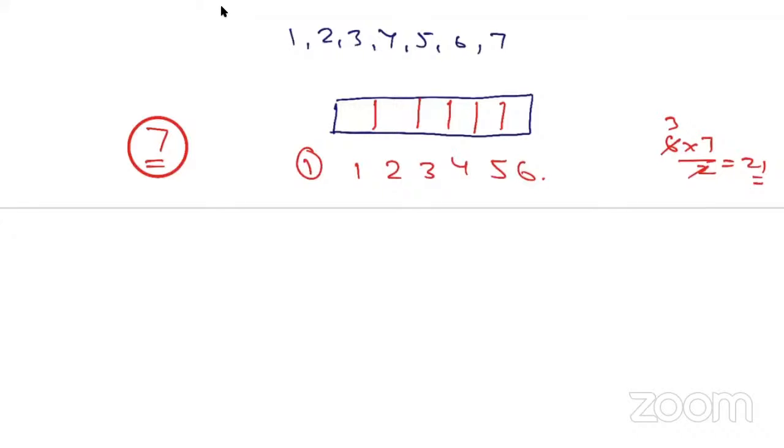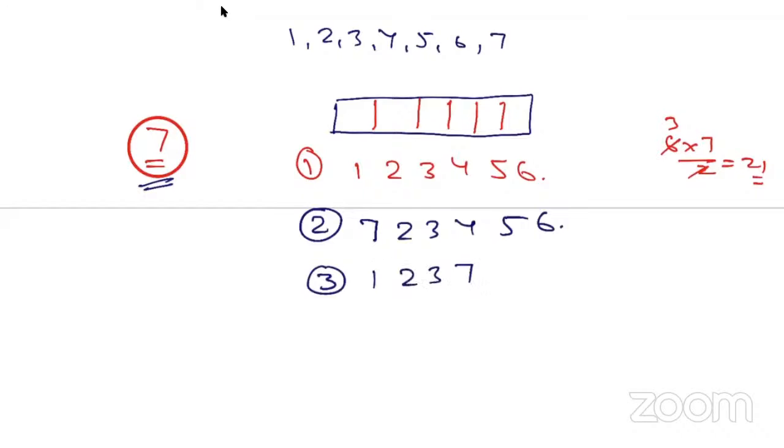If 7 replaces some number, which numbers can it replace? Dividing 7 by 3, the remainder is 1. So the numbers that leave remainder 1 when divided by 3 are 1 and 4. The first thing we can do is replace 7 with 1, and the second is to replace 4.